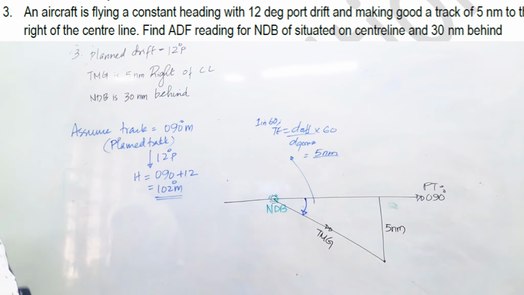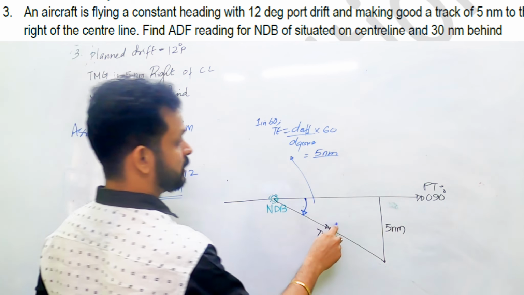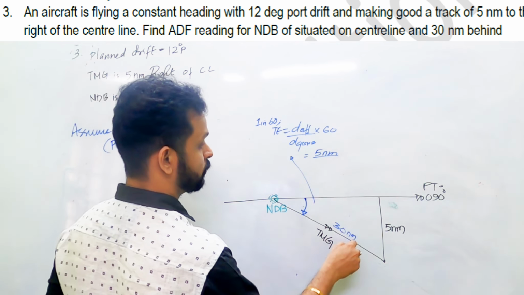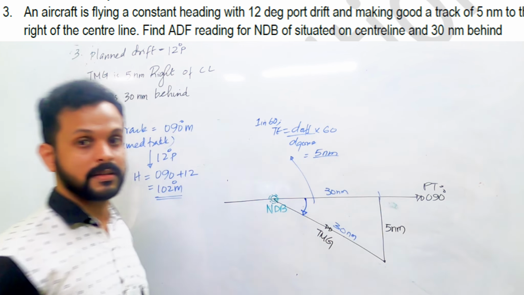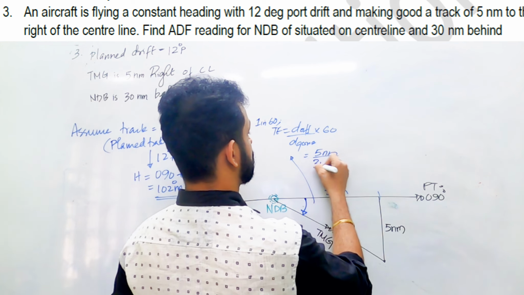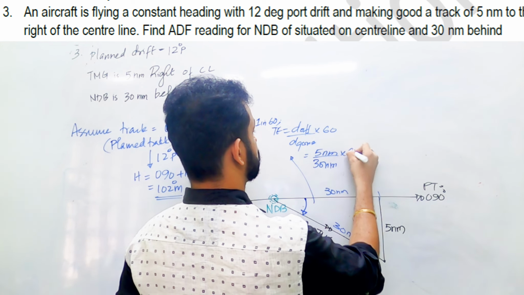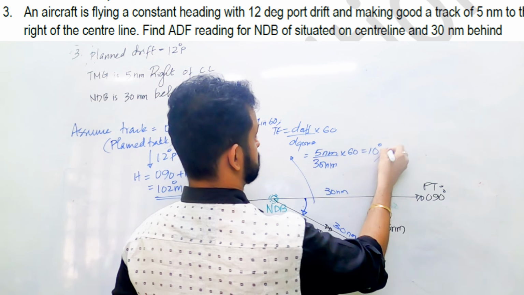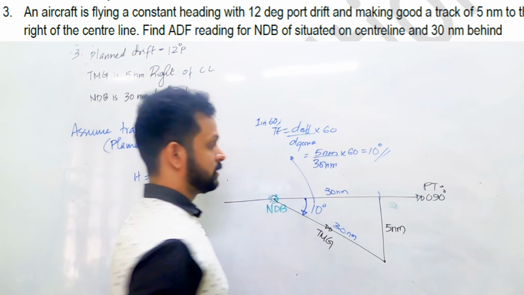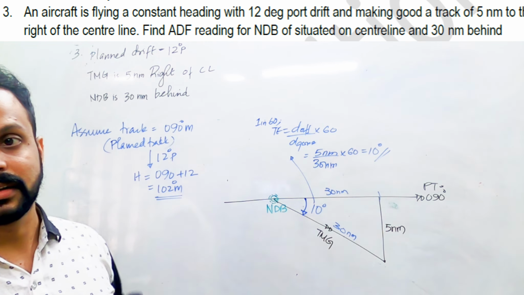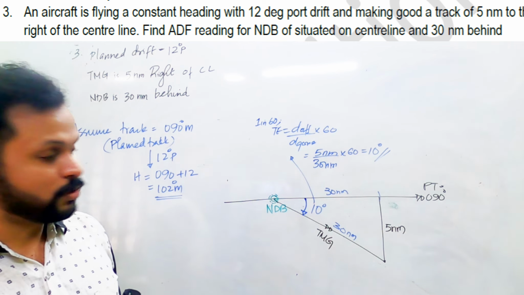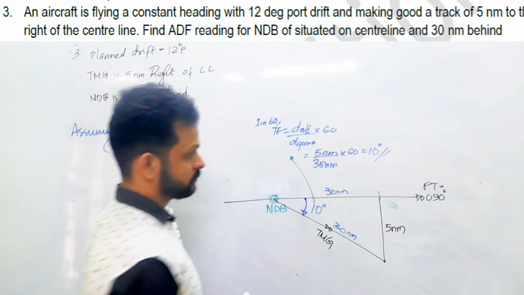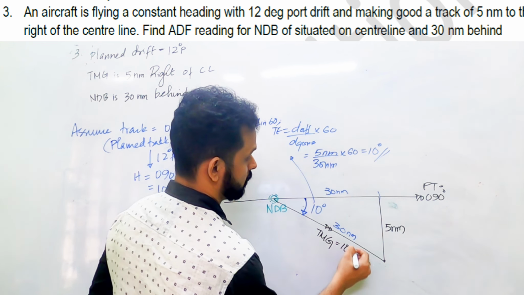From the question, the NDB is 30 nautical miles behind. So for smaller angles, you can take this distance also as 30. Therefore 5 by 30 into 60 is 10 degrees of track error. Therefore, what is your track made good? It is 100 degrees.